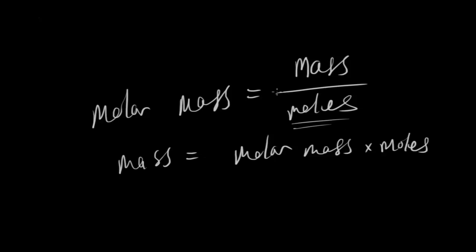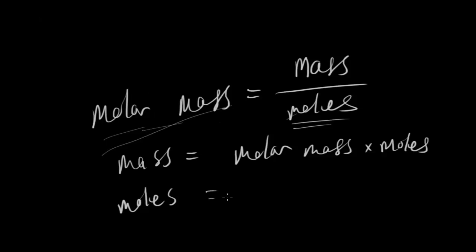We could also rearrange this to put moles on one side. We multiply both sides by the number of moles, so we'd get the number of moles over here. Then we divide both sides by the molar mass, so we'd have moles on its own, and molar mass would disappear from here but appear on this side.